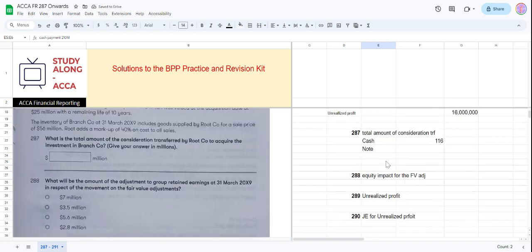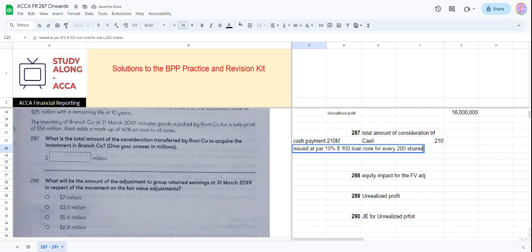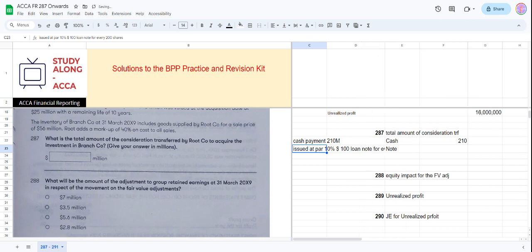Maybe we can copy it and put it here, and then we can type in the things for question 2. Okay, so they have paid a cash payment of 210 million. That's why it is important to see things rightly. Cash payment of 210, and then a 10% loan note for every 200 shares. So what will we do?